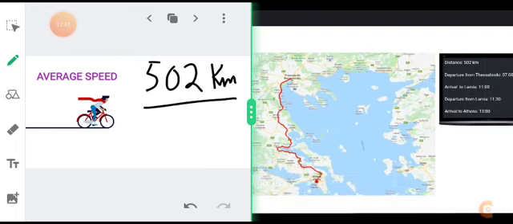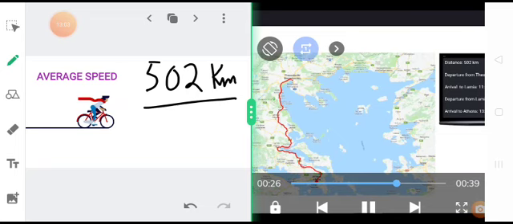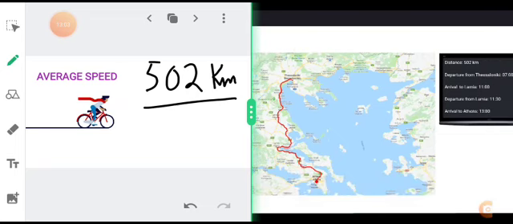In between it has stopped for half an hour. So the total time taken by the object is 5.5 hours. Let's see how much is the average speed for the object.